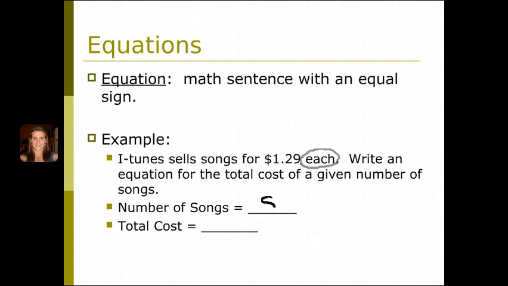So let's call the number of songs S and my total cost C. Well, I know if I spend $1.29 times the number of songs I buy, that will give me the total cost of my purchase. Because we have an equal sign, that was an equation.